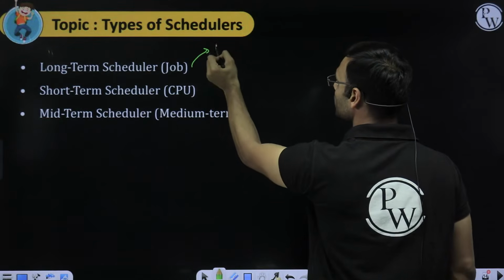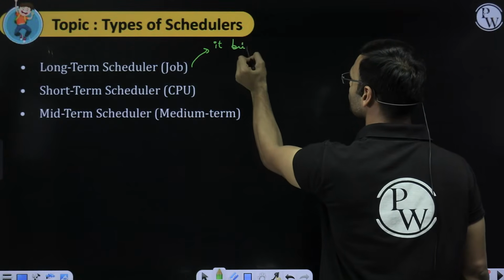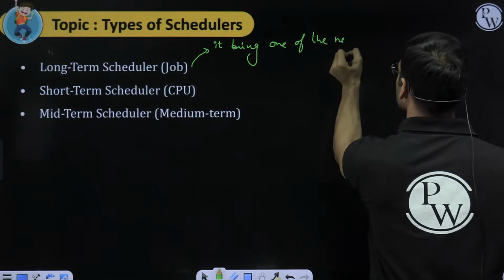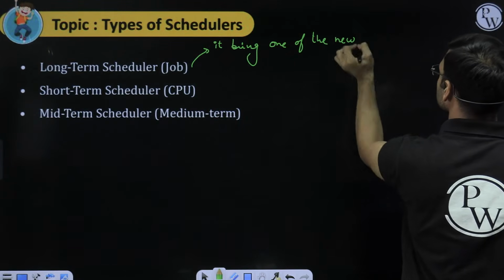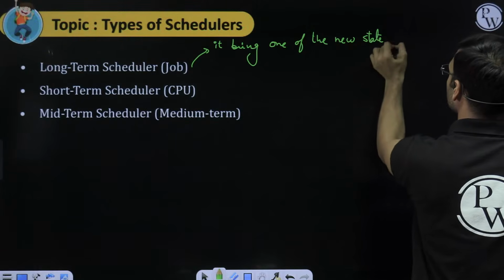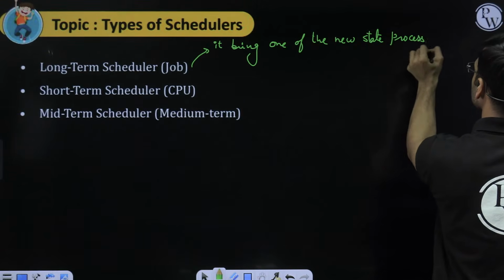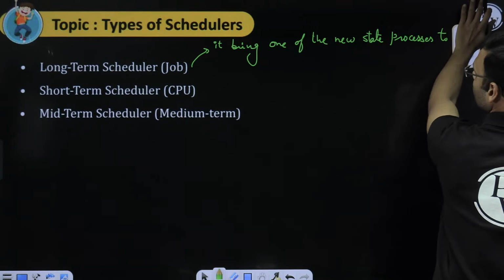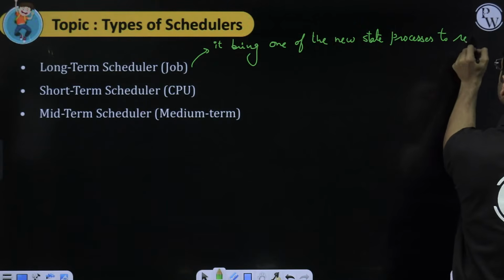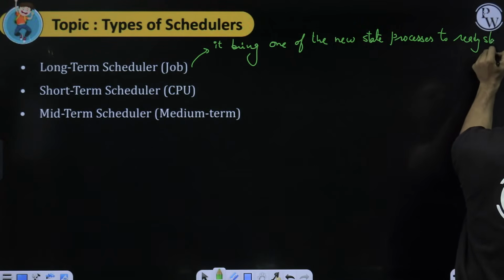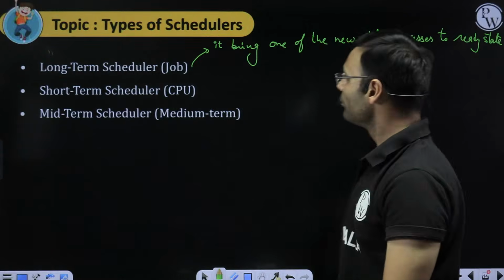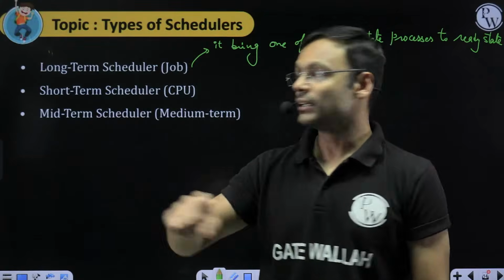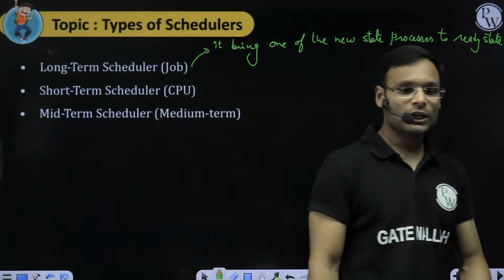So it brings one of the new state processes to ready state. So many new state processes are there. Among them, which process will go next to ready state? That is done by the long-term scheduler or job scheduler.